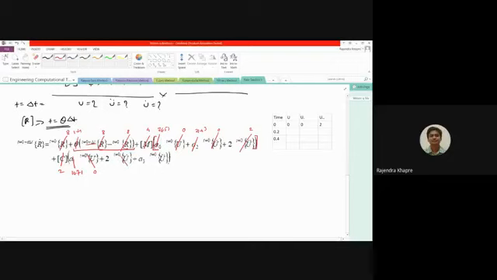Then the velocity at t equal to 0 is also 0. The value of a3 we have calculated as 0.14, and the acceleration at t equal to 0 is 2.